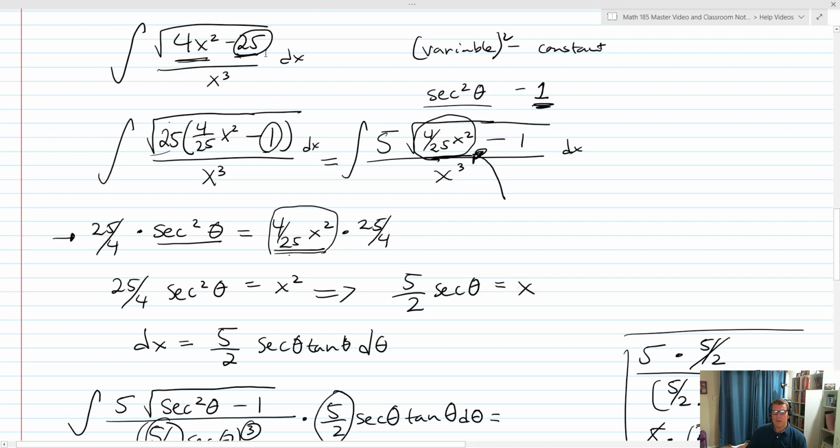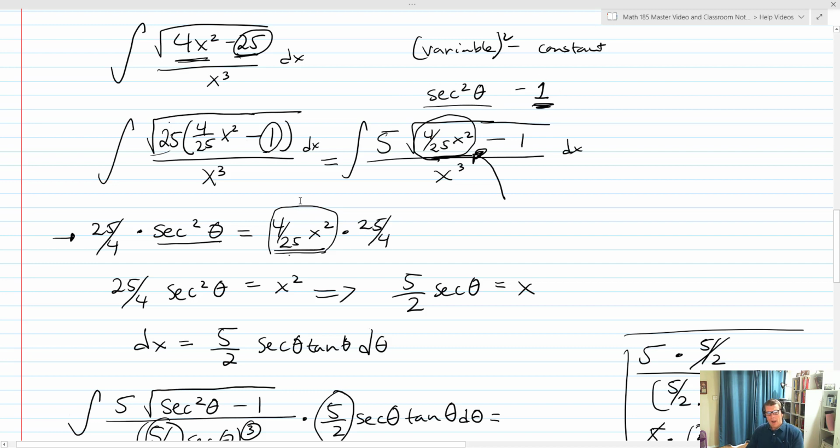In that case, you're going to factor out the 25, the value for what we might call b, and make that a 25 in this case. What that gives you is the original coefficient in front of the x squared divided by what you just factored out, squared, minus 1, or plus 1, whatever it is. Your whole goal is to get it looking like one of these Pythagorean identities, like secant squared theta minus 1.